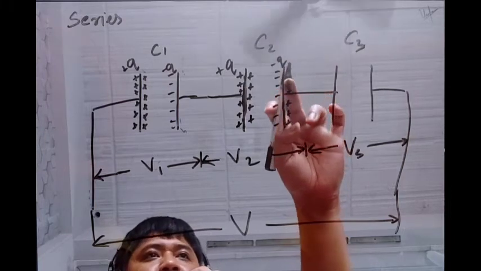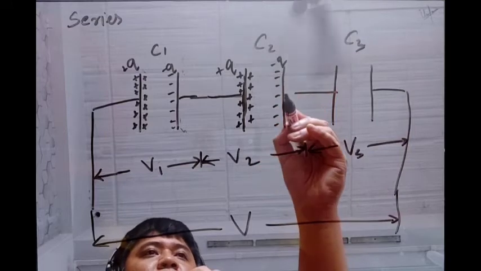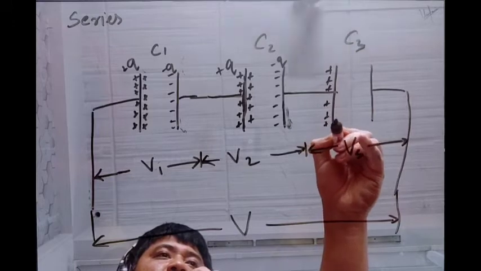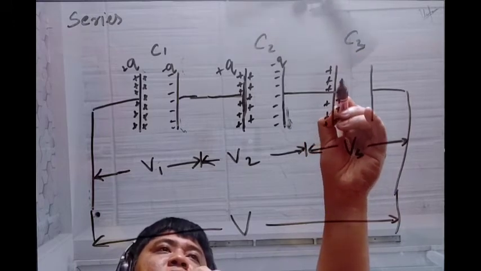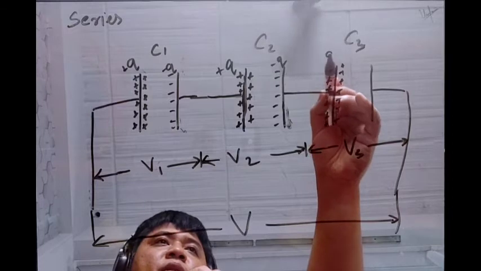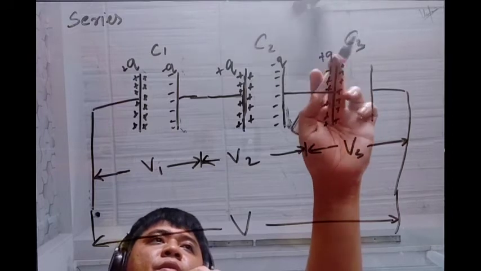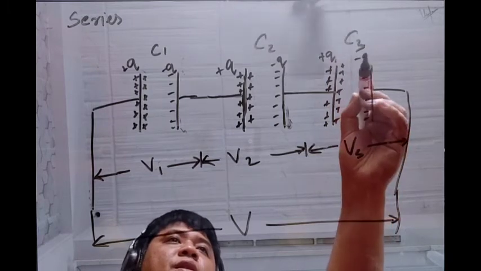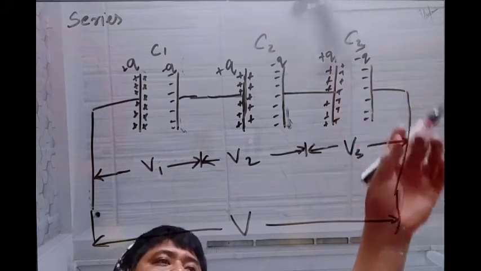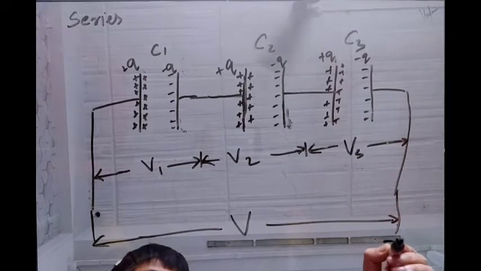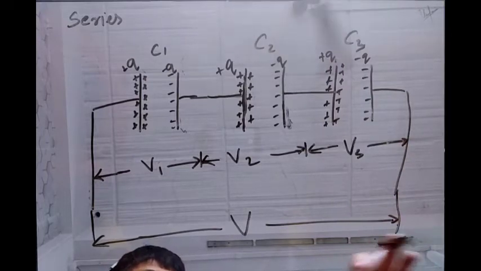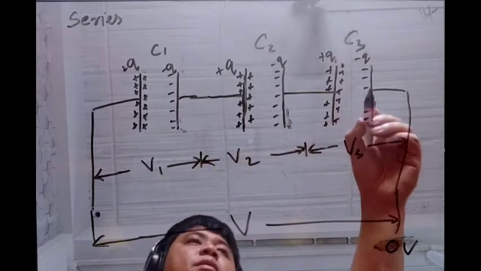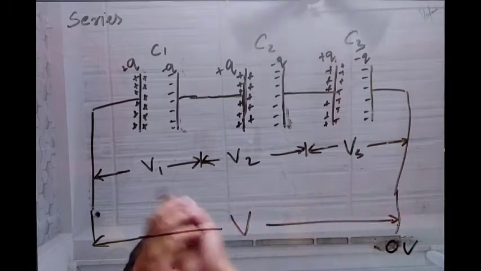Then this plus Q again flows through the next capacitor, and it induces minus Q on this side, and this plus Q will go to the ground. This is the negative terminal, so it is grounded, zero potential. This positive charge flows through the ground.